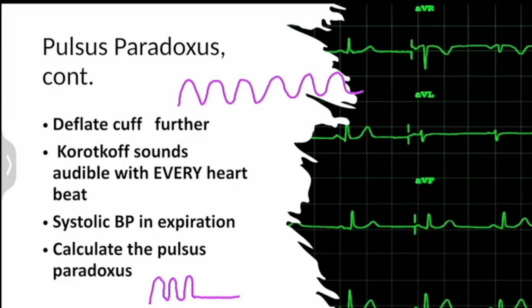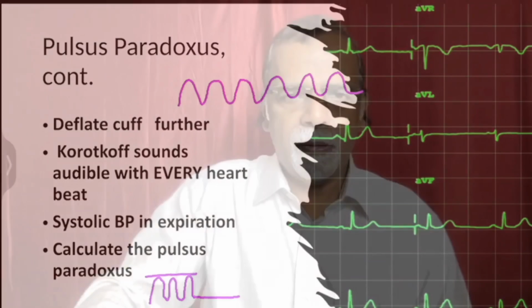So the difference between these two, that is the first appearance of Korotkoff sounds, occurring in expiration, and you need not look into whether inspiration or expiration, followed by the presence of Korotkoff sounds audible in every heartbeat. The difference between these two BPs is the Pulsus Paradoxus. So I hope this point is clear to you.